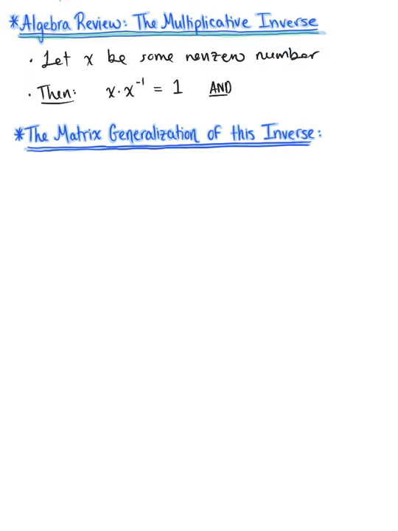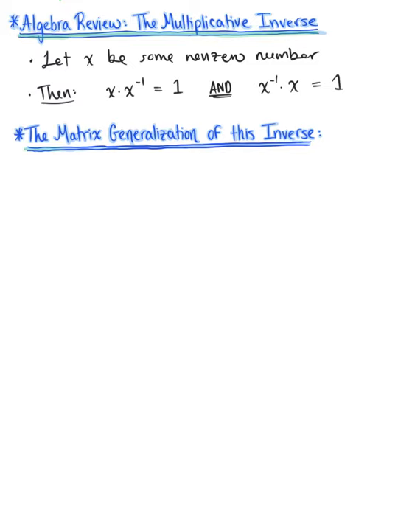And it also tells us that x to the negative 1 multiplied by x is also equal to 1. So that's the multiplicative inverse. And we now want to take this and generalize it to the inverse of a matrix.